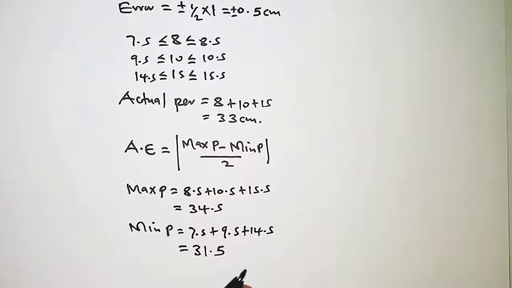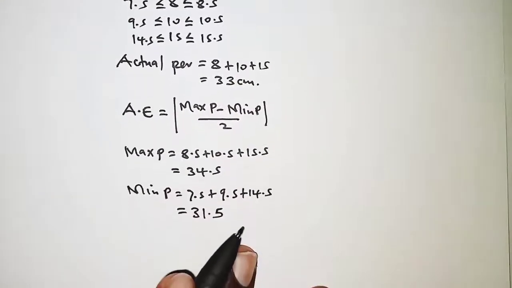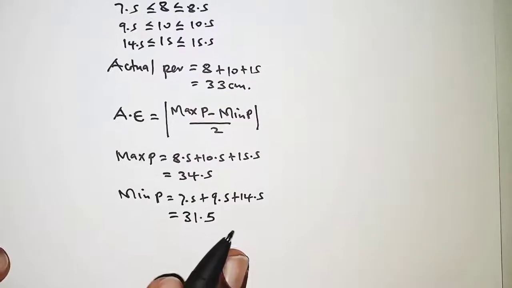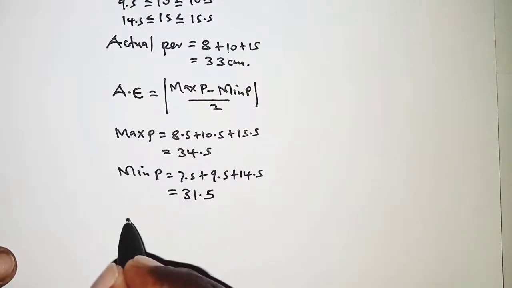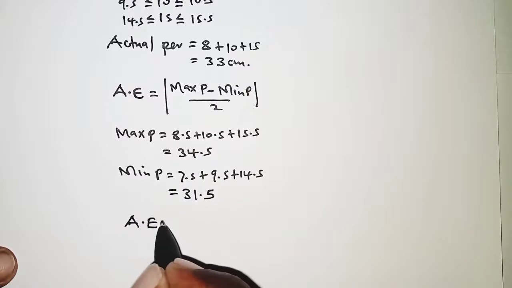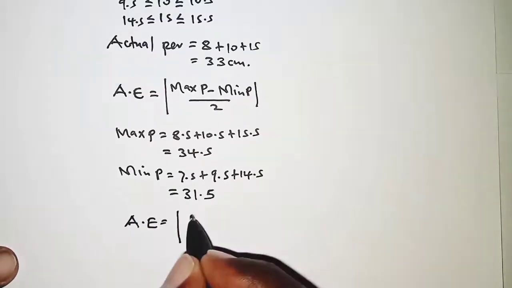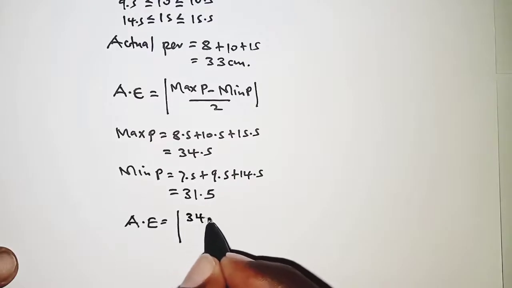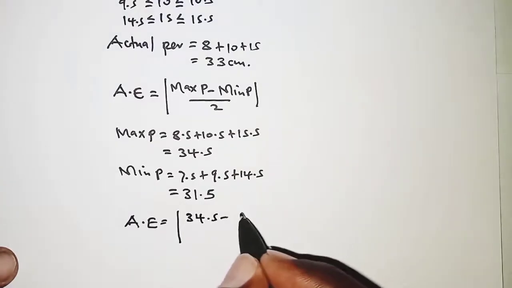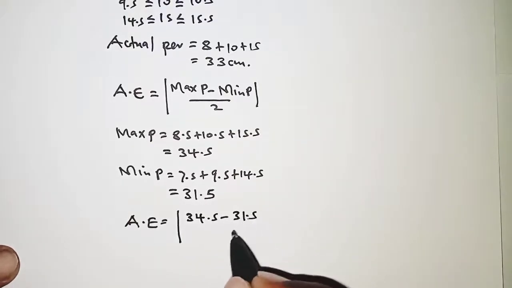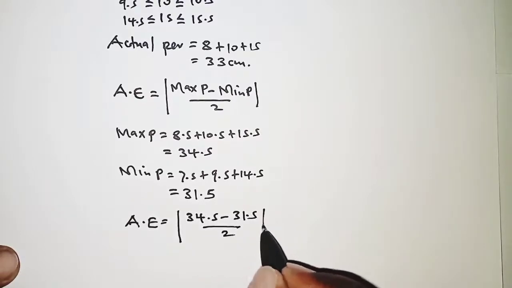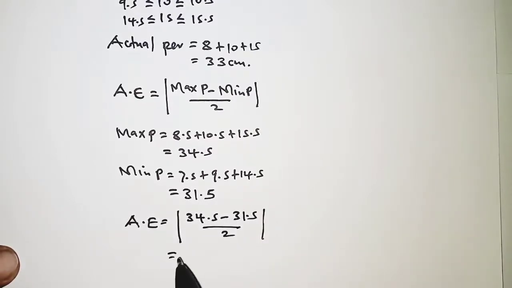From there we can now get the absolute error. Absolute error, therefore, is obtained as maximum perimeter, which is 34.5, minus minimum perimeter 31.5, all over 2, that is 1.5.